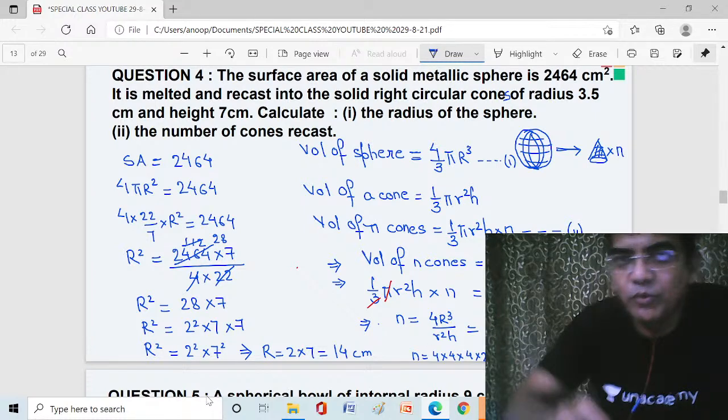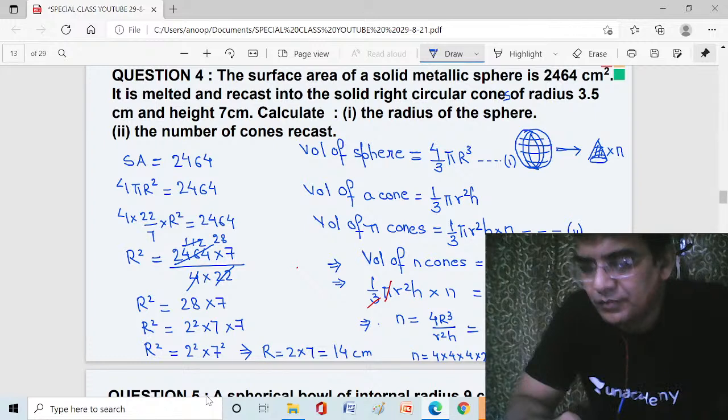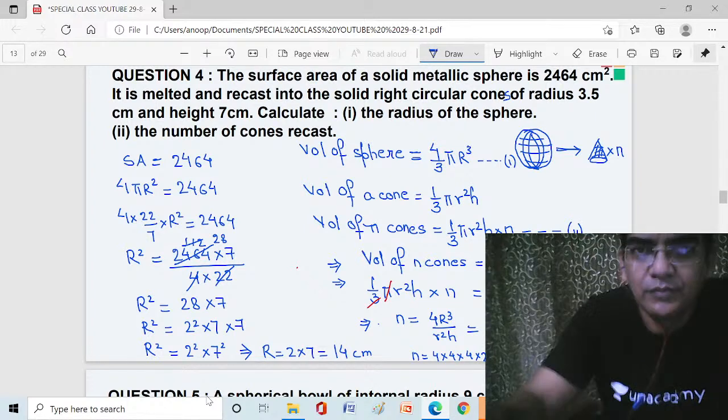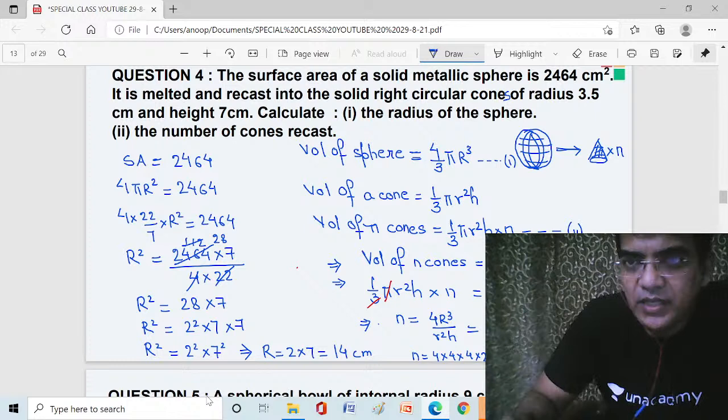You see, is this clear to you? So remember this point over here which I have tried to explain to you with the help of this diagram. Whenever you are casting a solid into another solid, their volume should be equal.